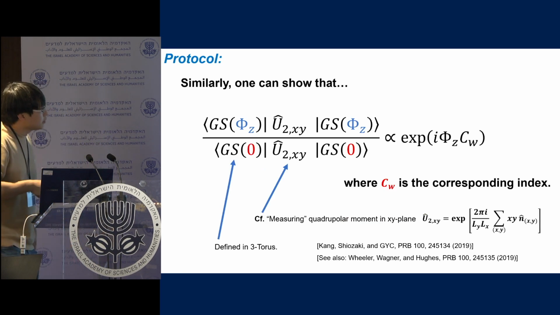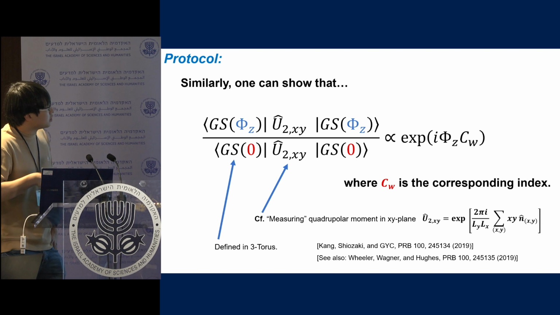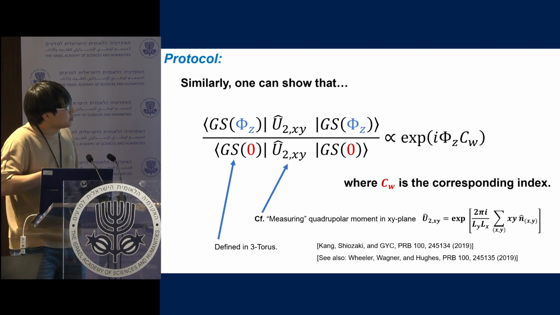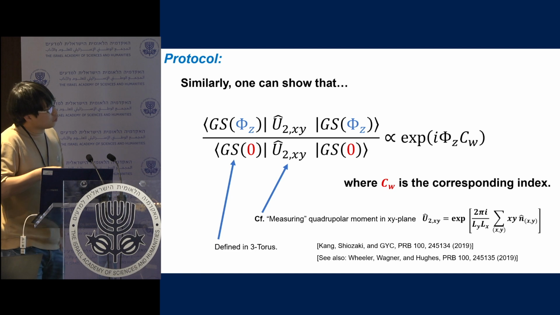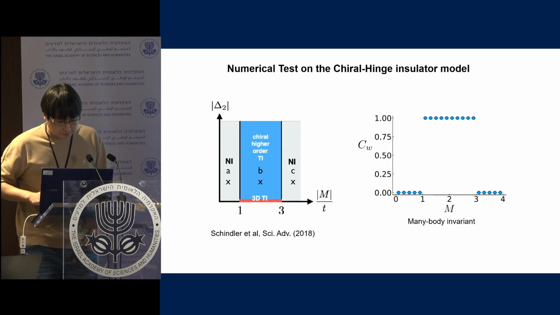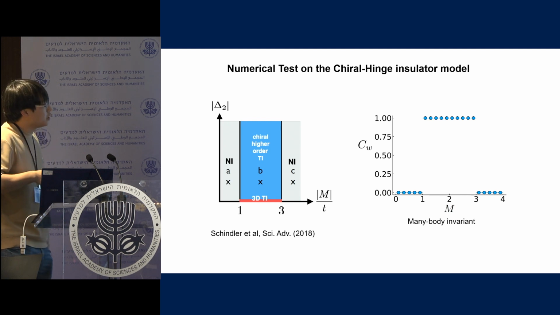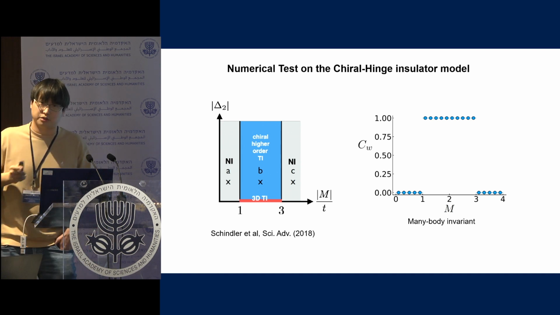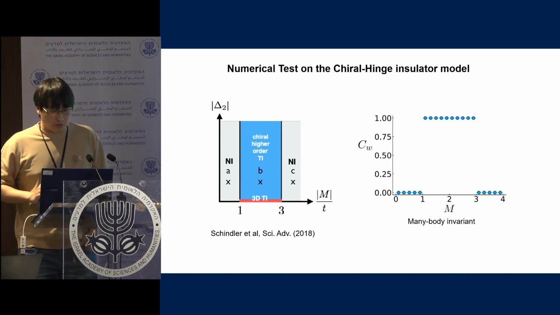And about that, we can construct the many-body operators using operators similar to Resta's formula, except that I have x, y, and the number operator. And then if you plug that in, you can show that this is a band index. And for the model which is known to support chiral hinge insulators, you can show that the phase diagram is correctly reproduced, which is kind of like proving our formula.